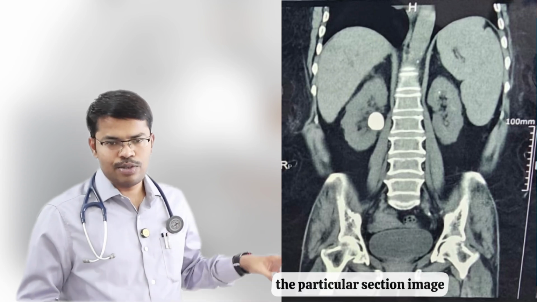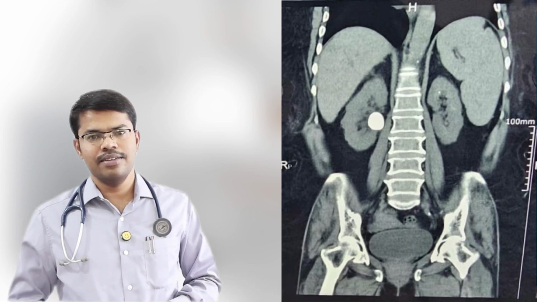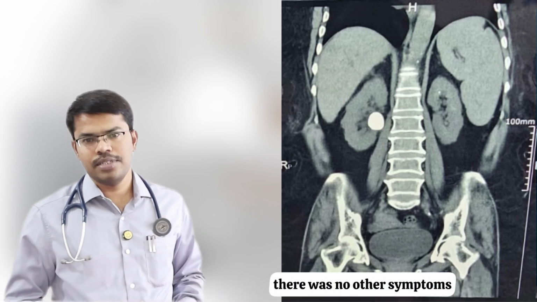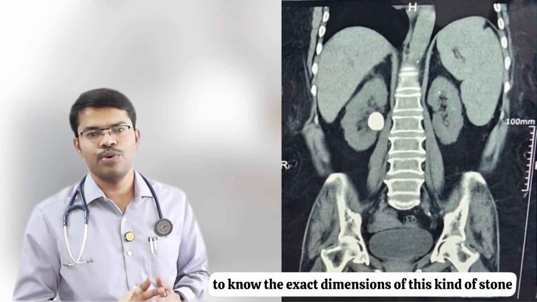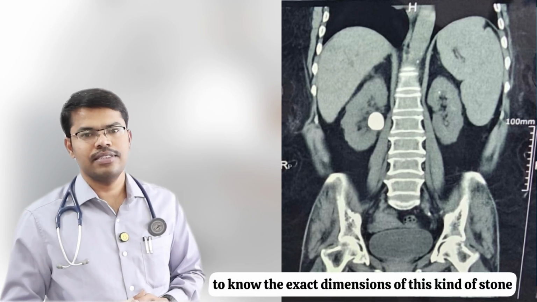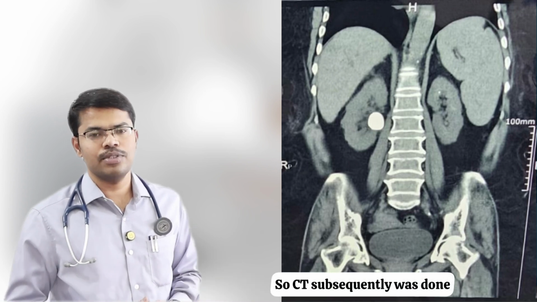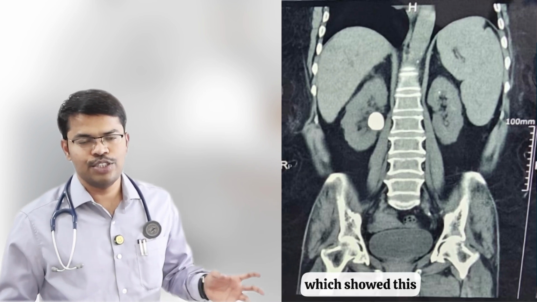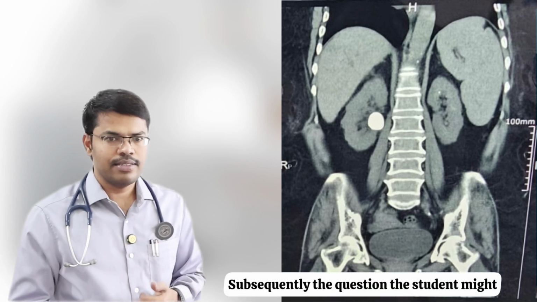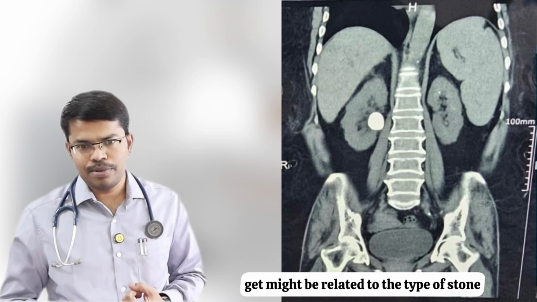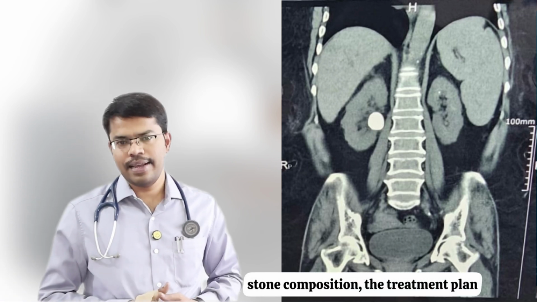This patient presented with right-sided flank pain, there were no other symptoms. In the ultrasound, it would be a bit difficult to know the exact dimensions of this kind of stone. So CT was subsequently done, which showed this. Subsequently, the questions the student might face are related to the type of stone, stone composition, and the treatment plan.